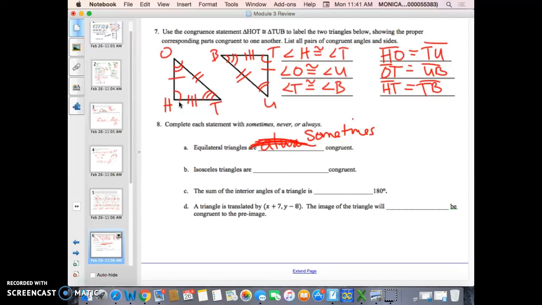Again, isosceles triangles are sometimes. The sum of interior angles is always. In a triangle, the image will always, whenever you translate, your images are always congruent. The only one where they're not congruent is when you dilate.